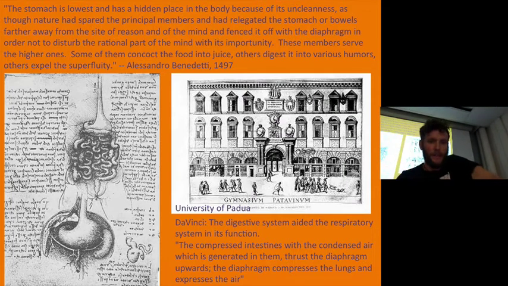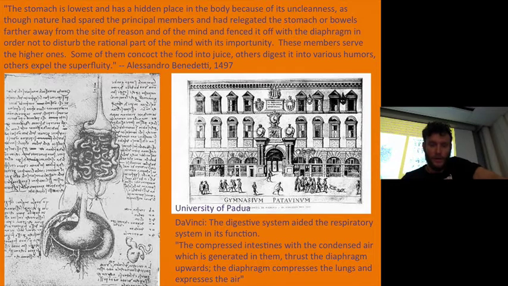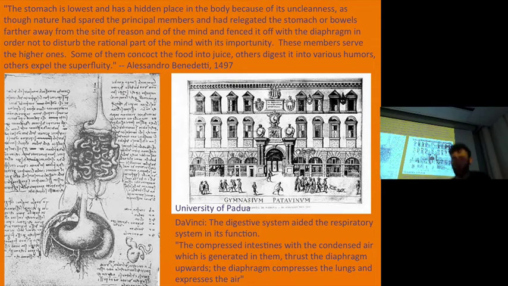So, despite this gentleman's clear aversion to the less savory aspects of the alimentary canal, he did allude to some of the interesting elements of it, so that there are organs that concoct the food into juice.